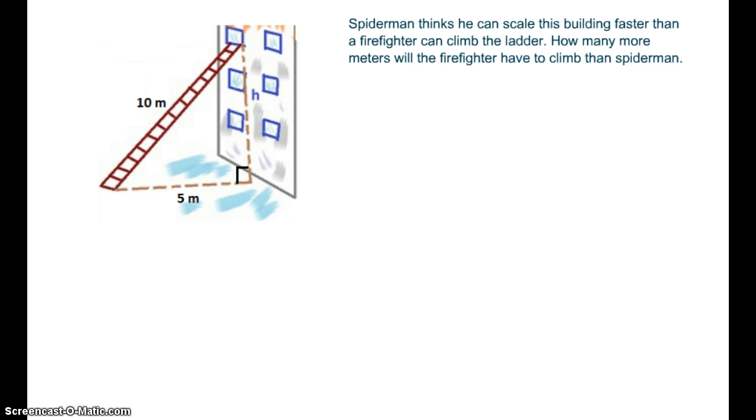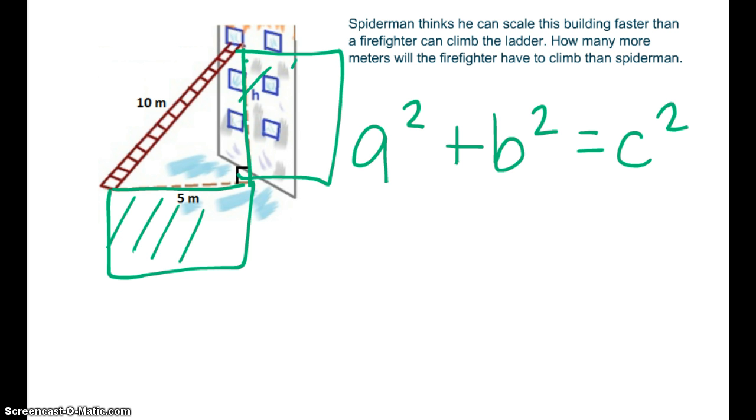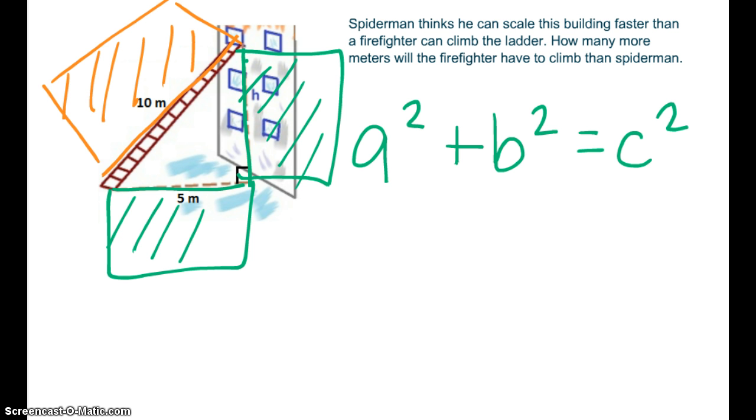According to the Pythagorean Theorem, which says that a squared plus b squared equals c squared, what that really means is the area of the square built with a side length of 5 plus the area of a square built with a side length of h, or b, will be equivalent to the area of a square with a side length of 10.